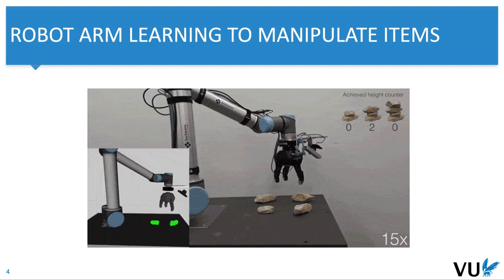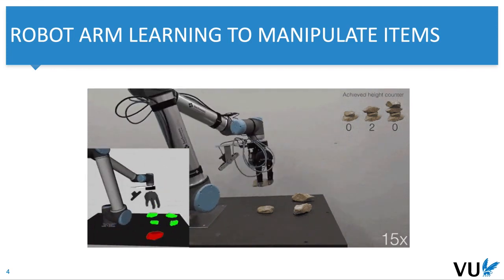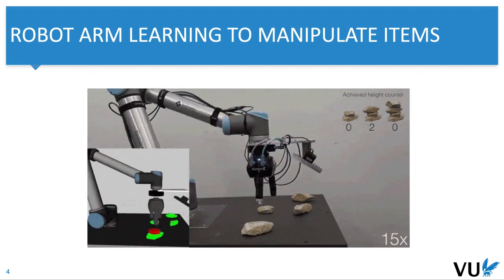Another very important example is to train an arm of a robot to manipulate items, right? Instead of predefining or pre-coding these robots, our hope is that they can learn by themselves. Here we can see on the left how it looks in simulation.